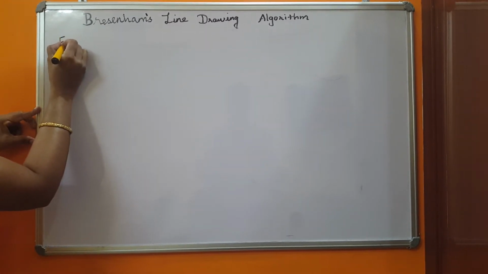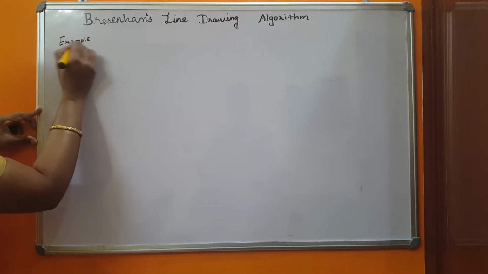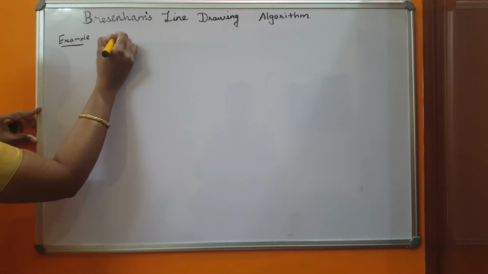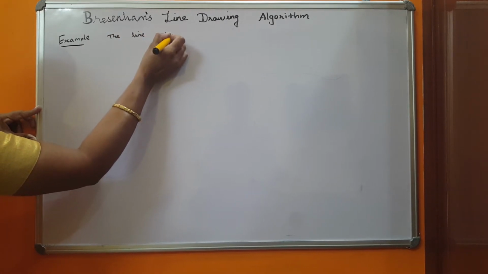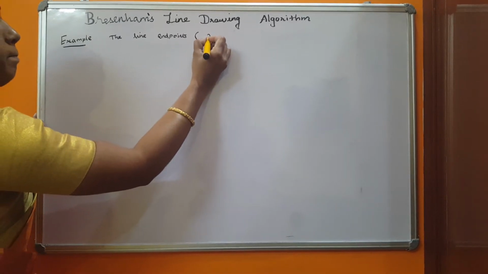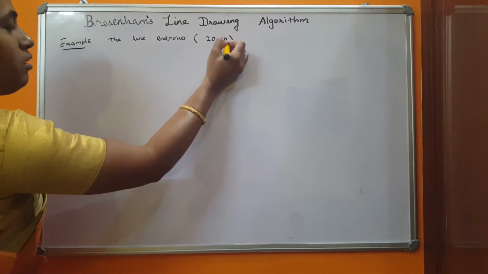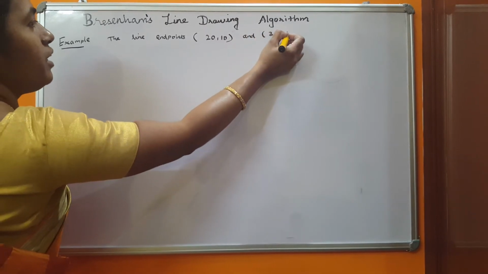Example, the line endpoints are 20, 10 and 30, 18.